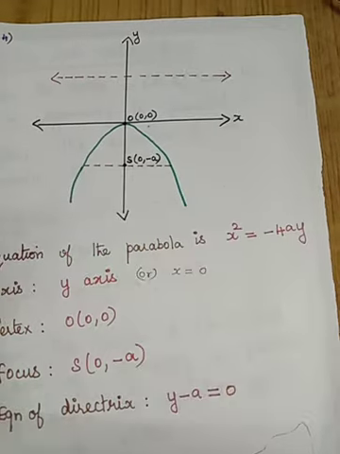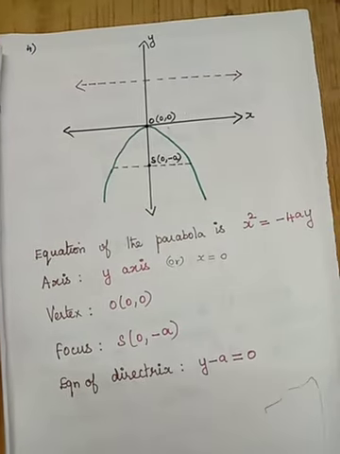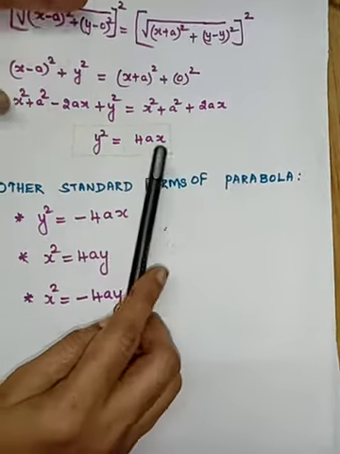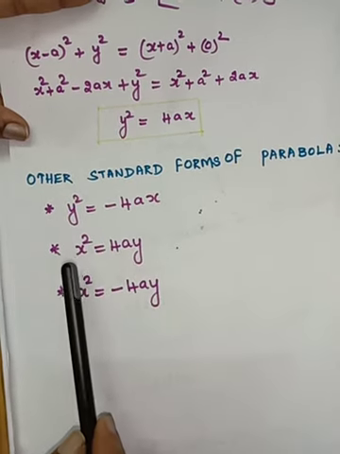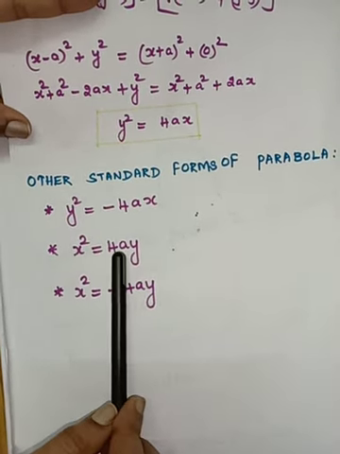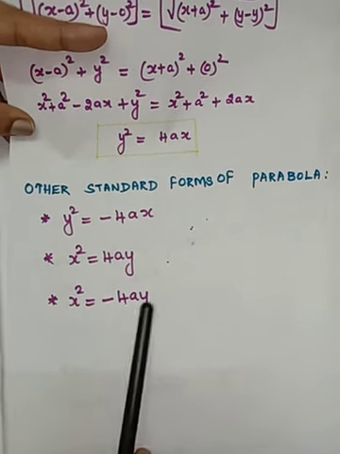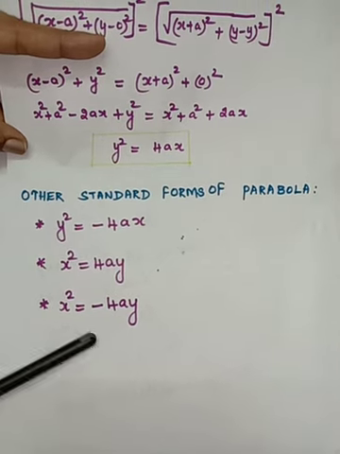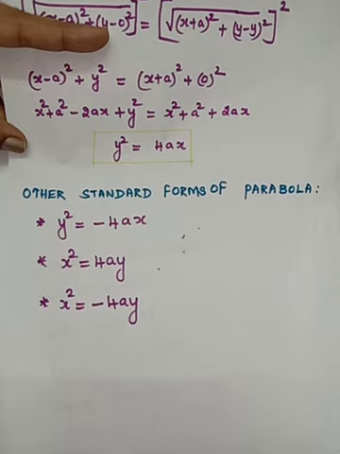Okay, so see that y squared is equal to 4ax, y squared is equal to minus 4ax, x squared is equal to 4ay, and x squared is equal to minus 4ay. There are 4 types of parabola in the standard form whose vertex is 0, 0.